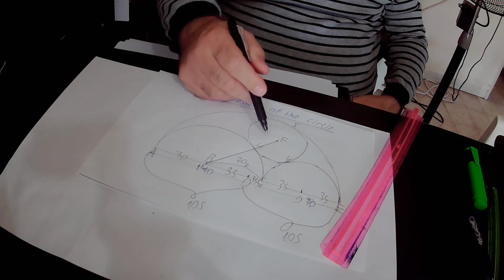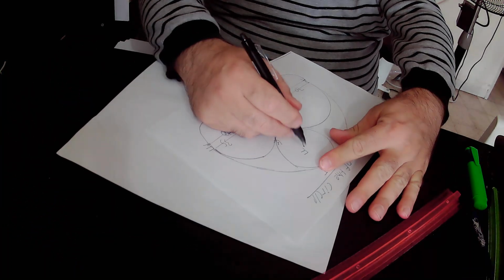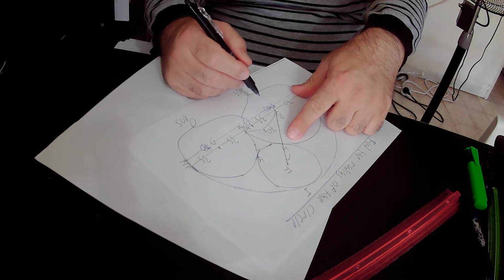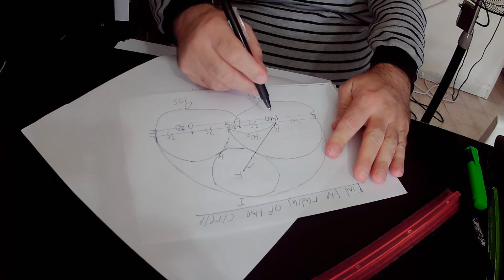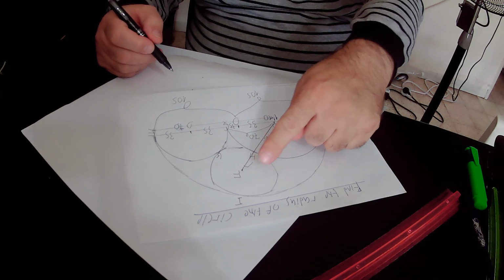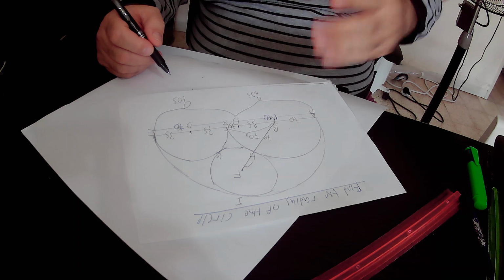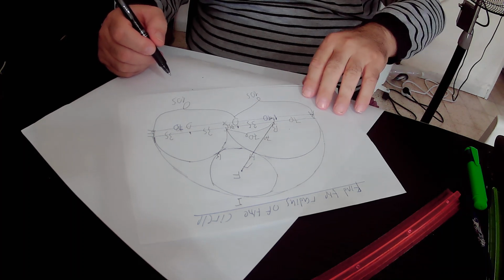The radius of this circle is small r, so FH equals small r. The radius of this semicircle BH equals 70 units, and therefore line segment FB, that is the distance between the centers of the circle and the semicircle, is equal to 70 plus r units.